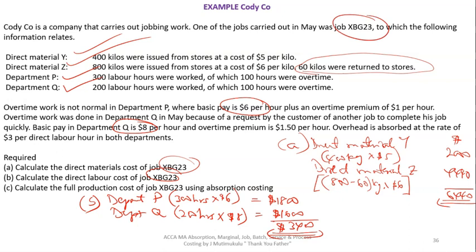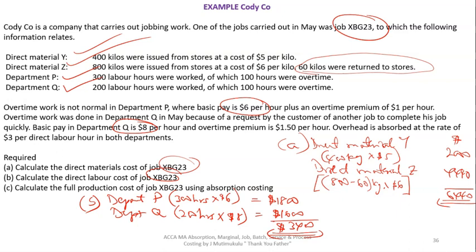The premium component does not affect this job, but it actually affects the cost of the other job, not this current job. So this is why we are only taking the basic pay component of the contained overtime.